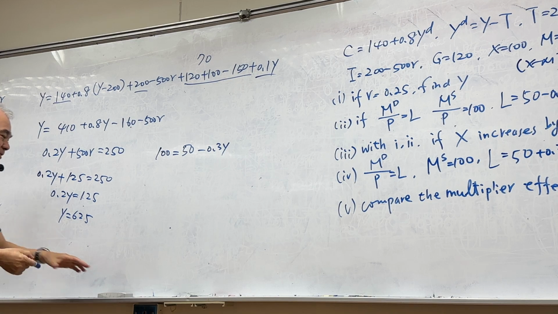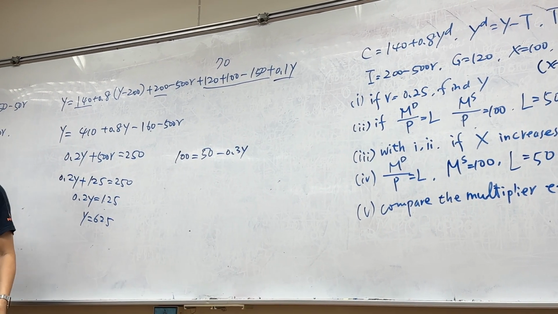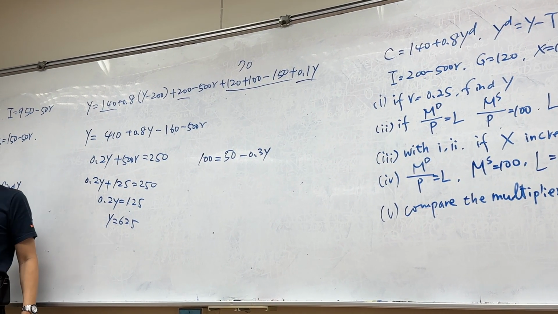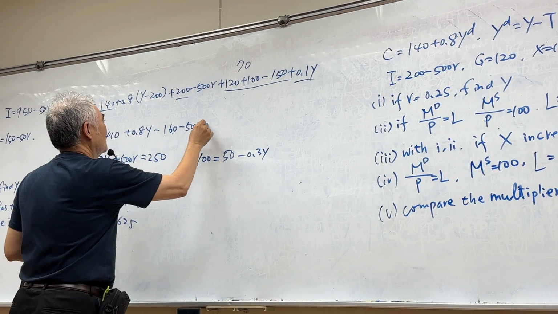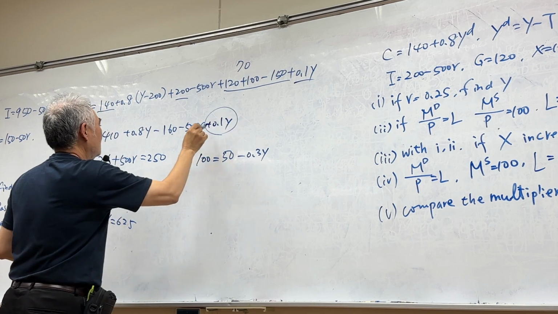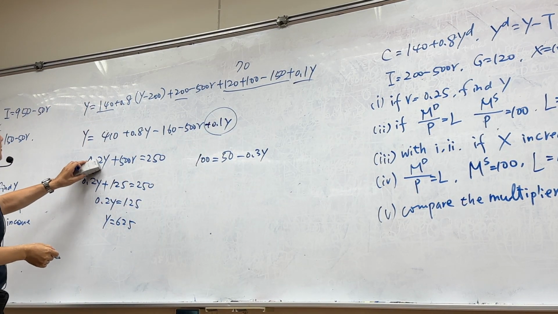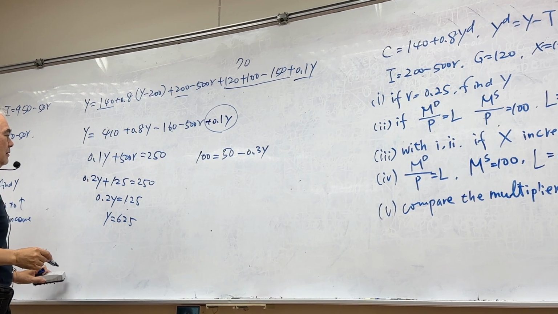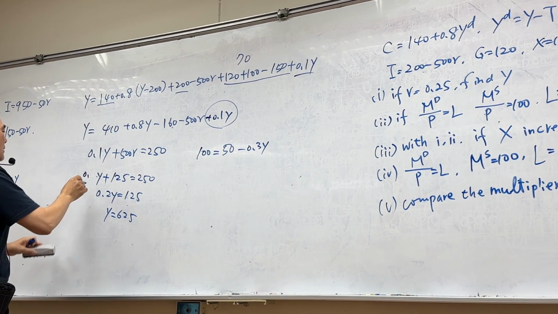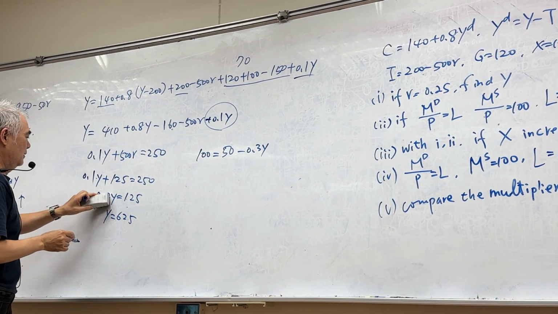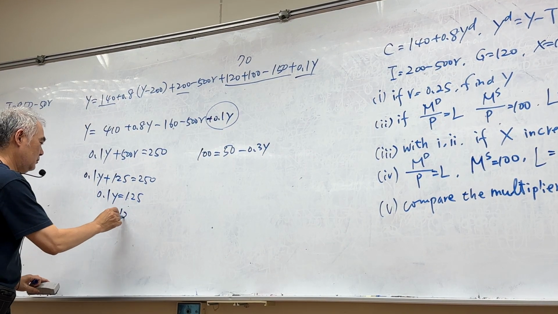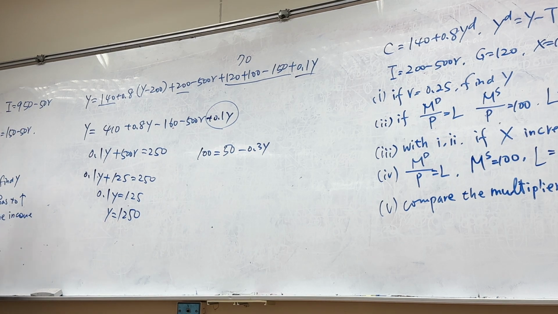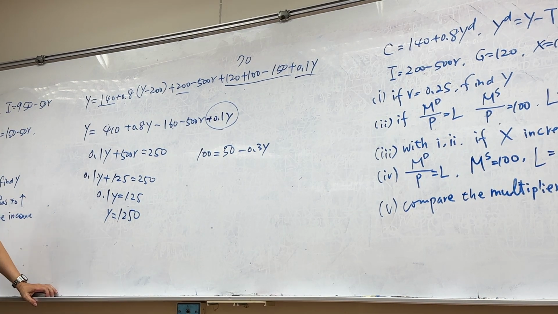Okay, 0.1. Okay, good. Sorry. So thank you. Got to be very careful when you work on your final, right? Okay, so we forgot this one, okay? And so you'll be 0.1Y, okay? And so you will be 1250. Thank you. Okay, always be careful in your calculation.